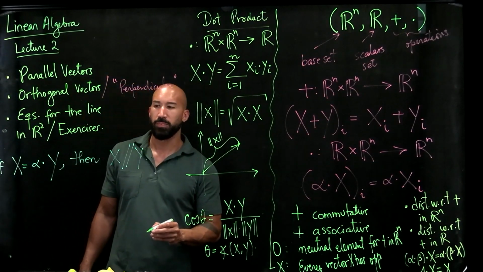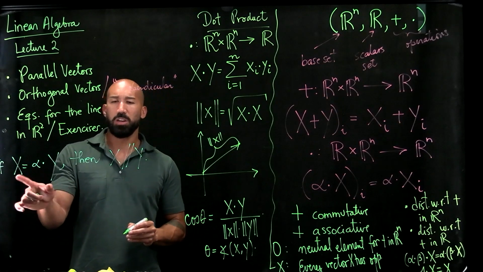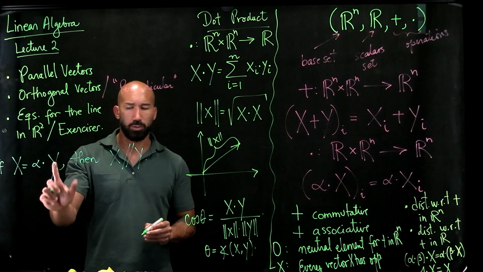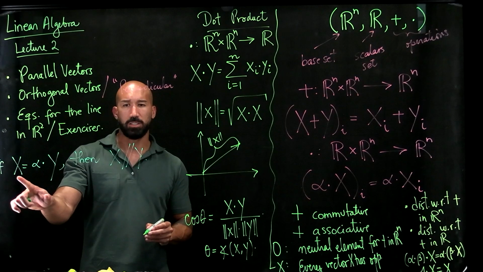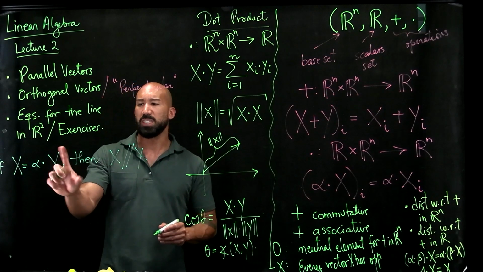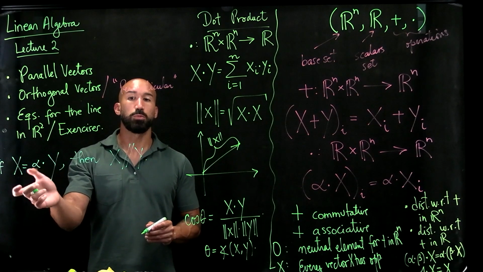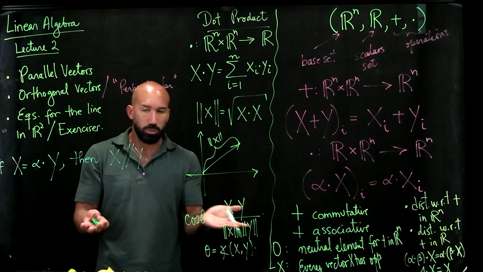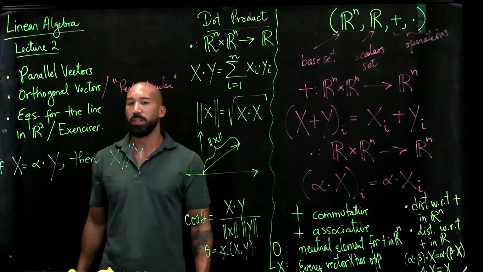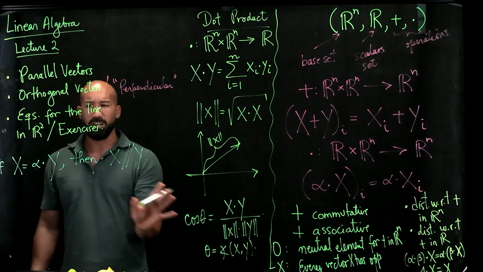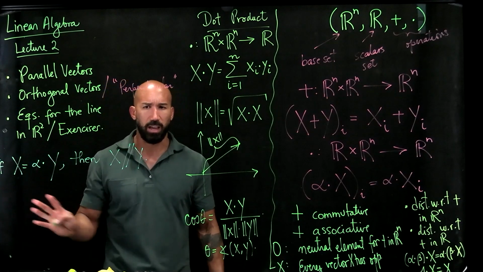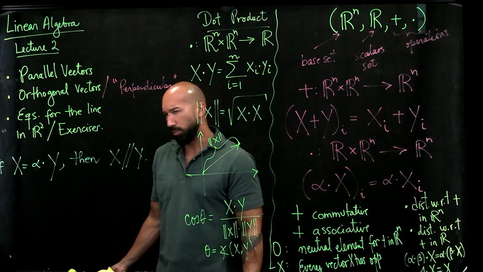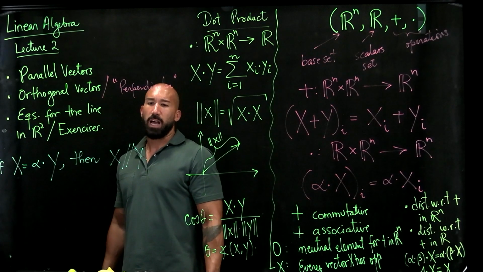Here we are also including the vector 0, because if alpha is 0, x is going to be 0. In this case it doesn't make much sense to talk about parallel, because the vector 0 is not pointing anywhere, so it's not forming any angle with y.